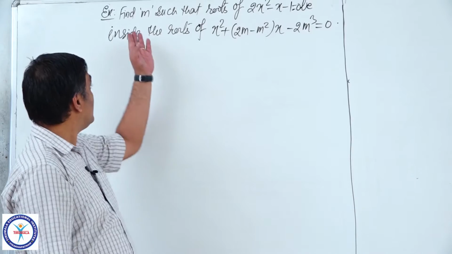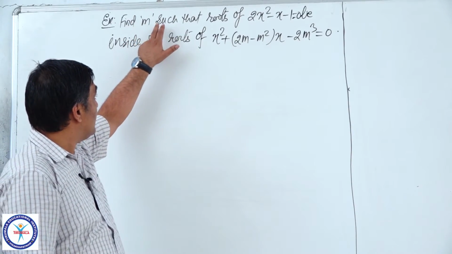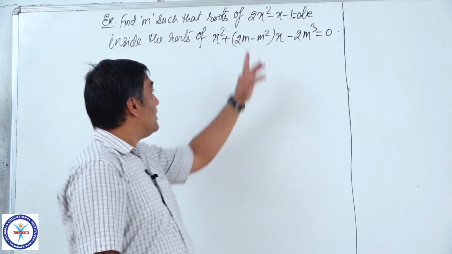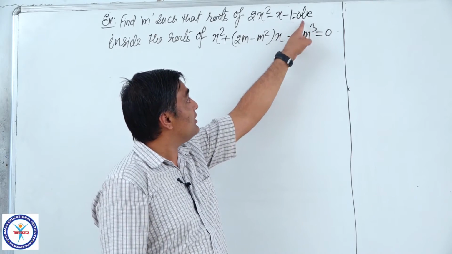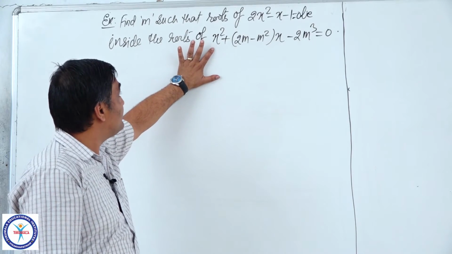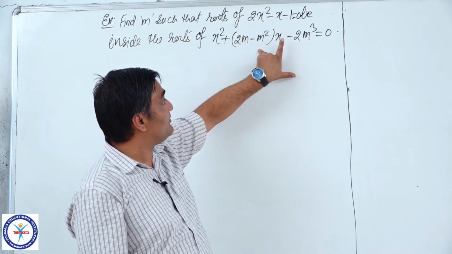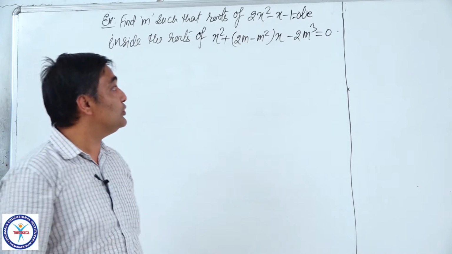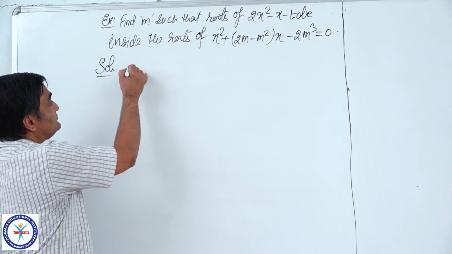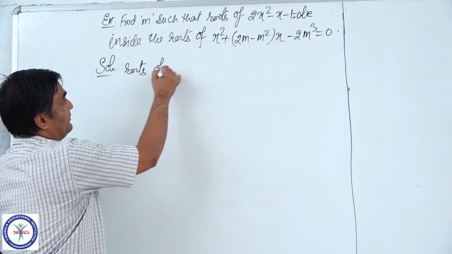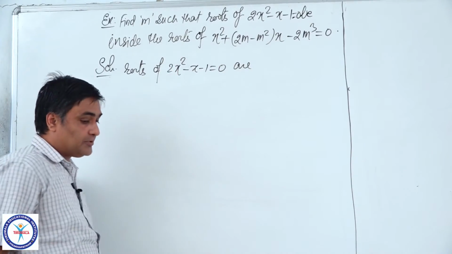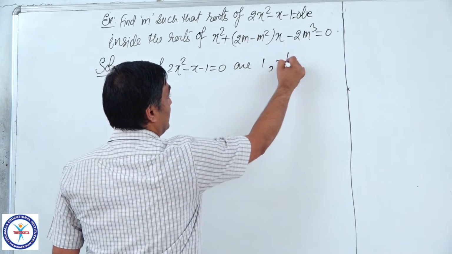Now, another example, find m such that the roots of the equation 2x square minus x minus 1 equal to 0 lie inside the roots of x square plus 2m minus m square x minus 2m cube equal to 0. See, roots of 2x square minus x minus 1 equal to 0 are, tell me, 1 and minus 1 by 2.